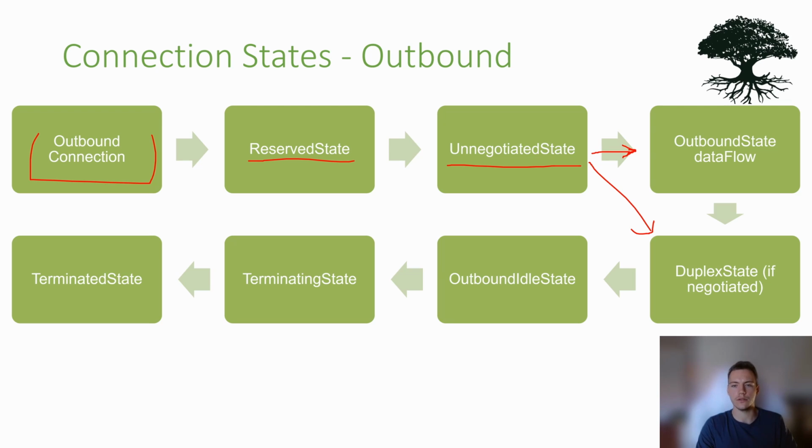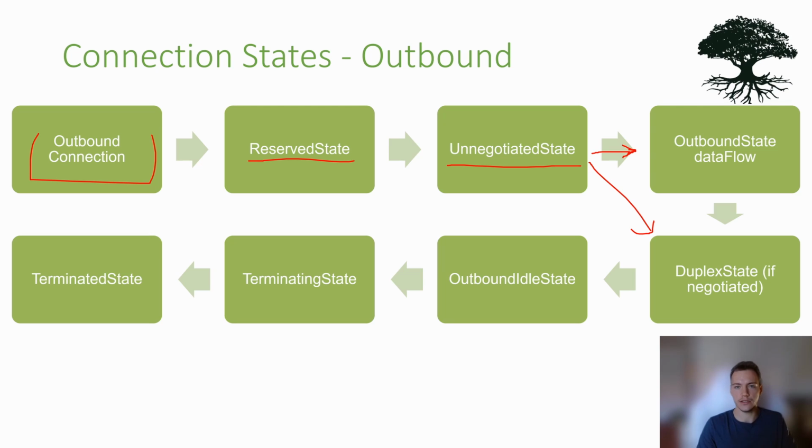Based on the negotiation that took place, we'll know if it's a unidirectional connection, in other words, our node is only using the connection for the mini protocols, or it's a duplex connection in which the other node is also using the mini protocols using the same connection.